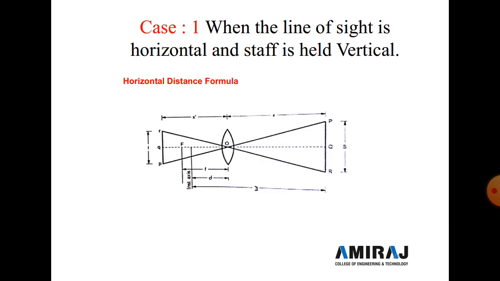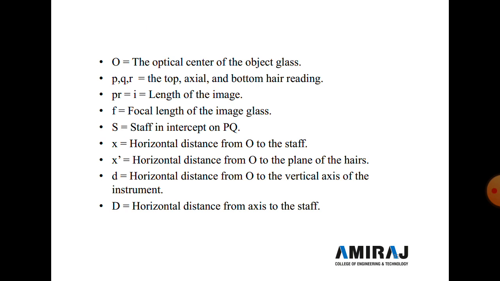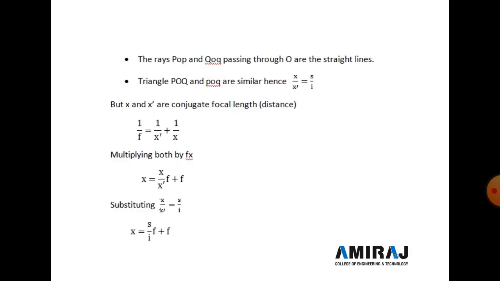So, these two triangles, the capital triangle and the small triangle, give x divided by x dash equal to S divided by I. It is a simple mathematical formula.